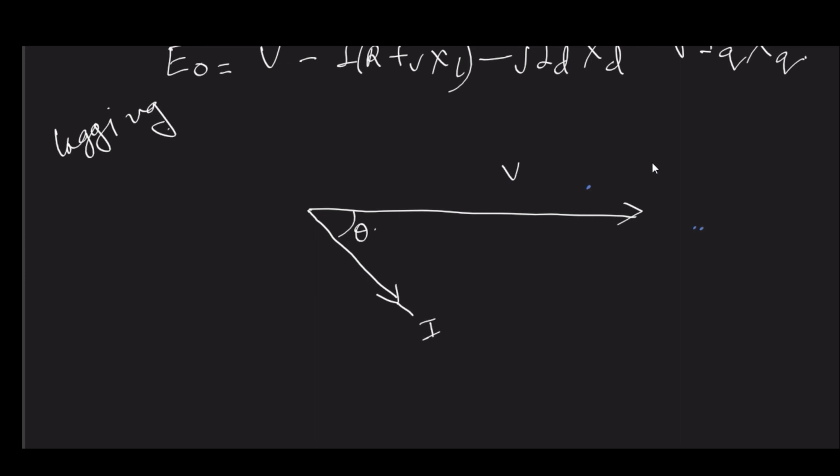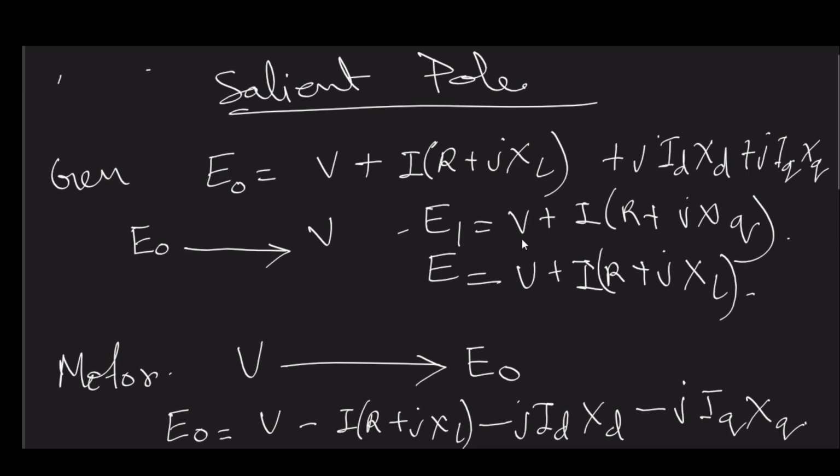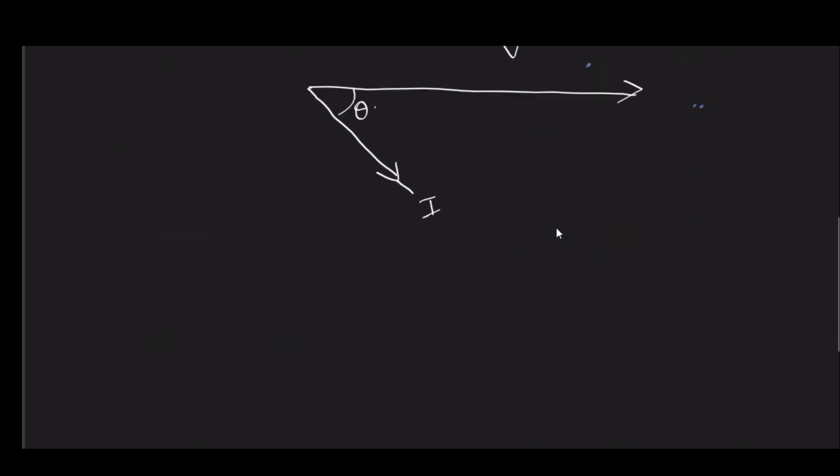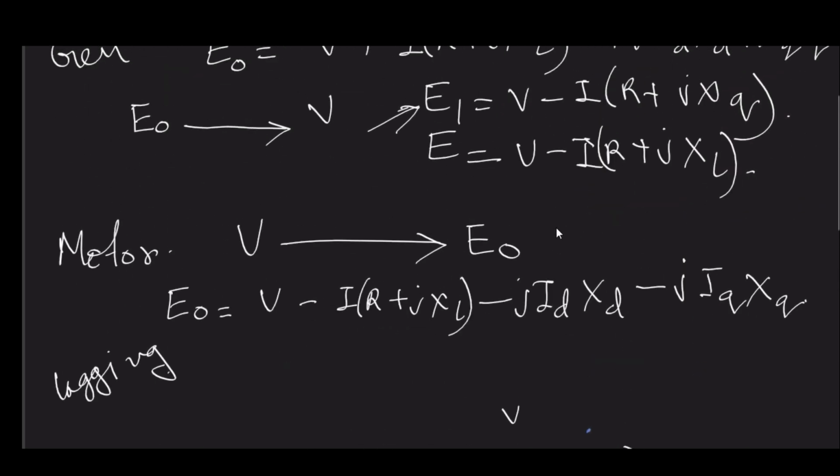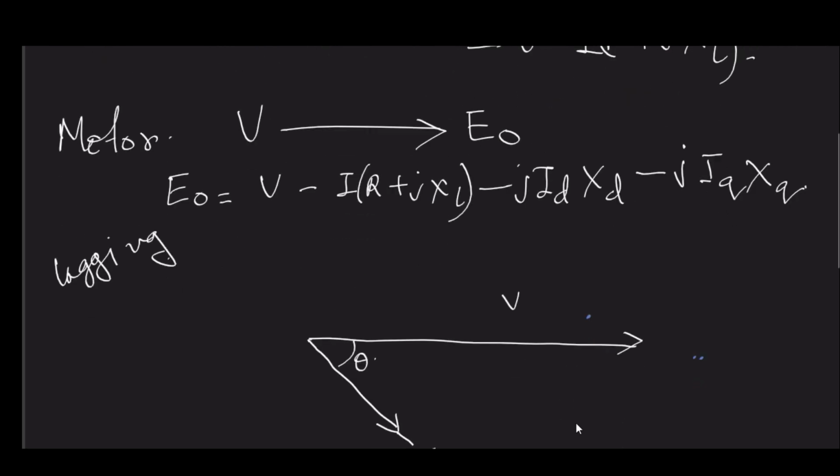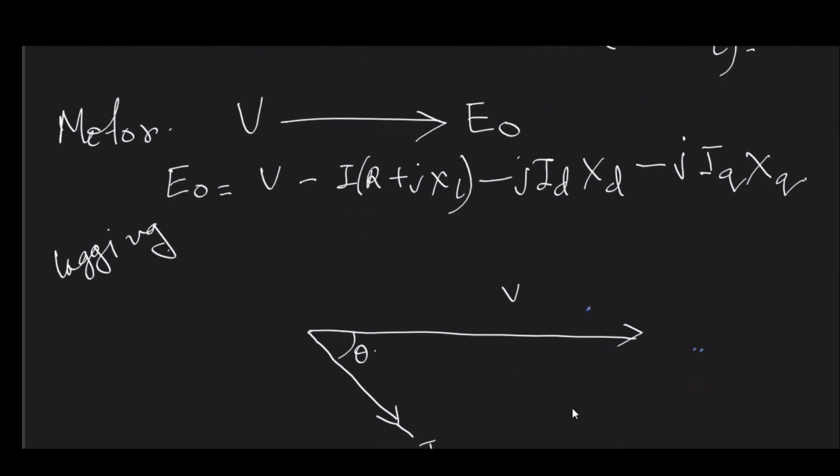Like the previous case, all these will be reversed. First find out E1 to get the information about beta. So let me draw minus IR, this is my minus IR. Then let us draw minus JIQXQ.